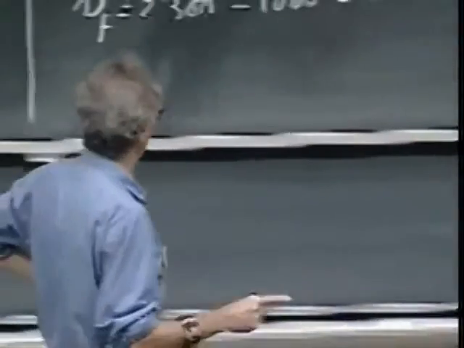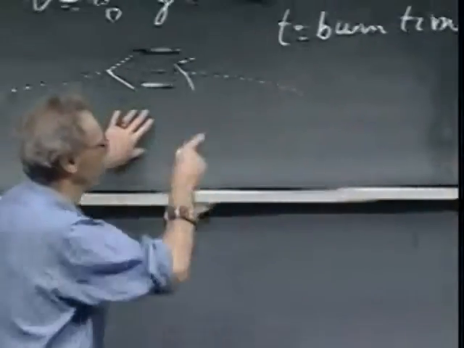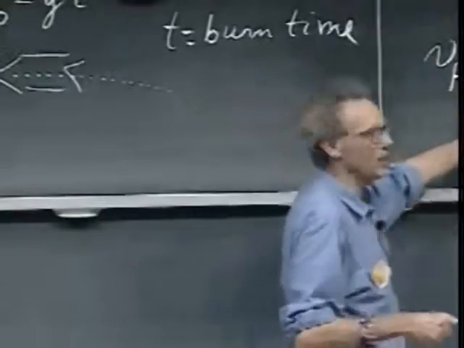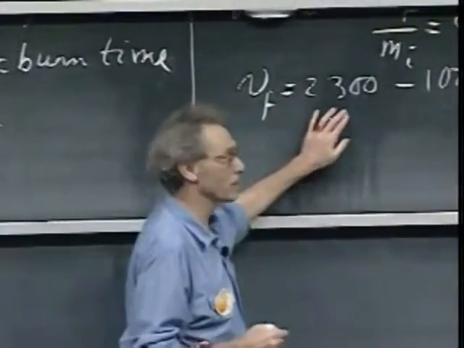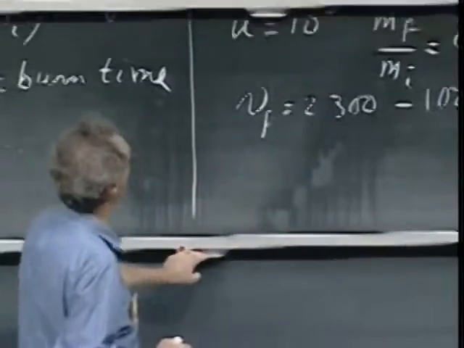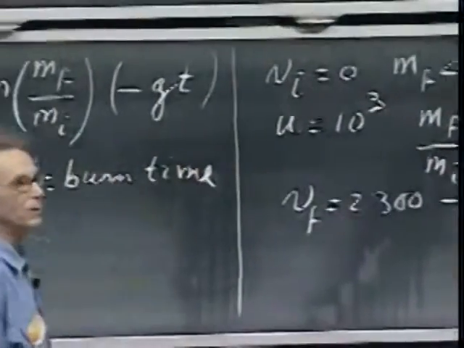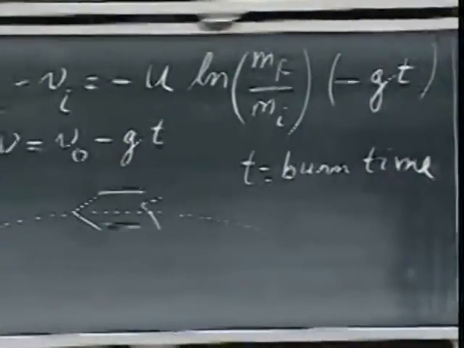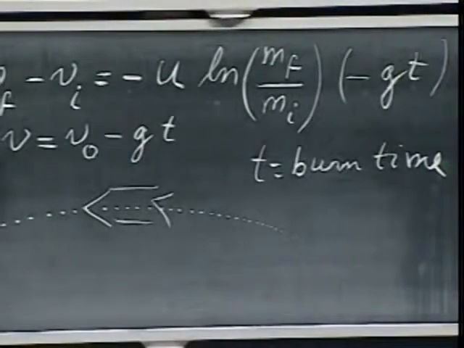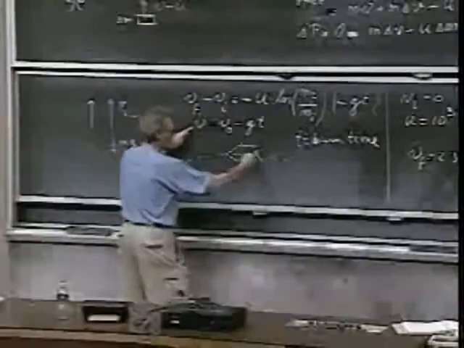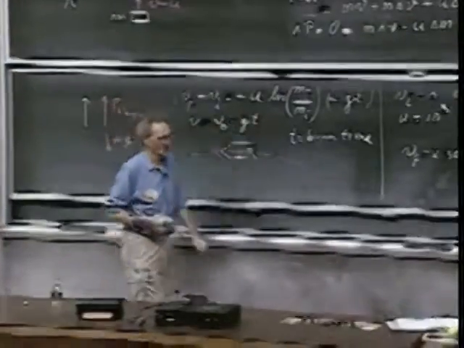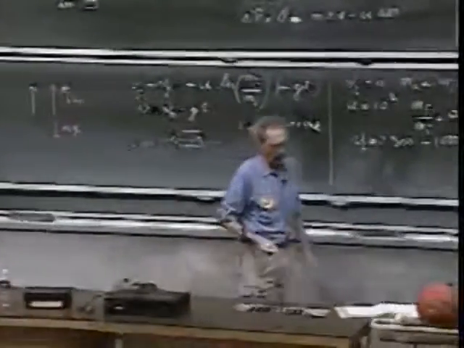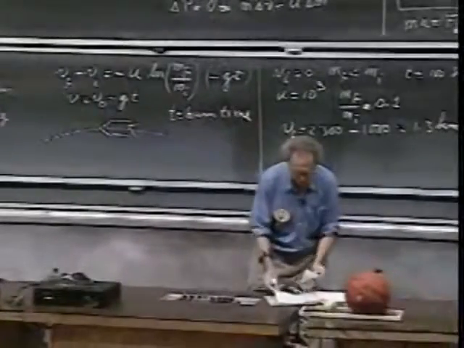And therefore, if you fire this rocket for 100 seconds, the tangential change in velocity will also be 2300 meters per second. You cannot say there is gravity, and therefore we have to take the gt term into account. It would be the same for this equation. If you had an object going in this direction, this minus gt term wouldn't be there either. It's only, of course, when you deal with a vertical motion.